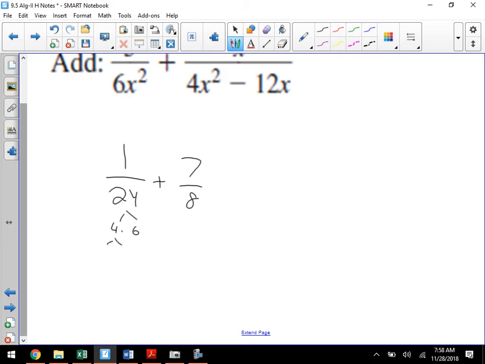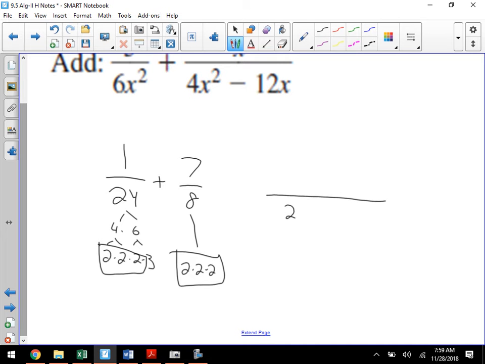Which is 2, 2, 2, and 3. You okay with that? And then 8 is just 2, 2, 2. All right. What do those two numbers have in common? The 3 2's. So the common denominator would have the 3 2's. What's left?